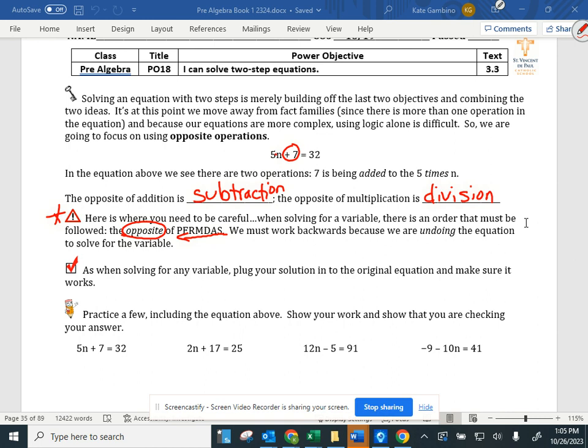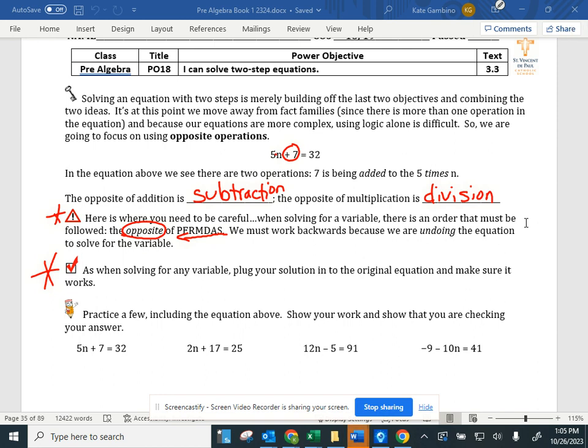So we're going backwards. So as when solving for any variable, at the end we always put our answer into the equation and see if it balances out, to see if it is a correct solution.